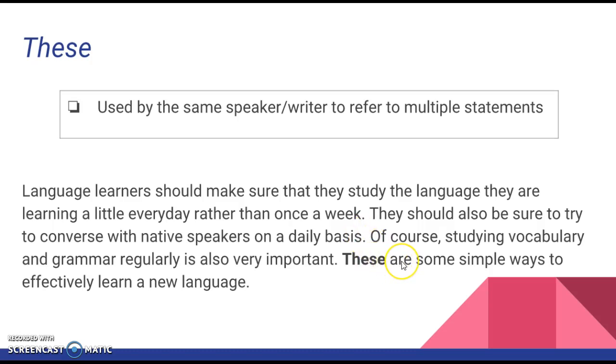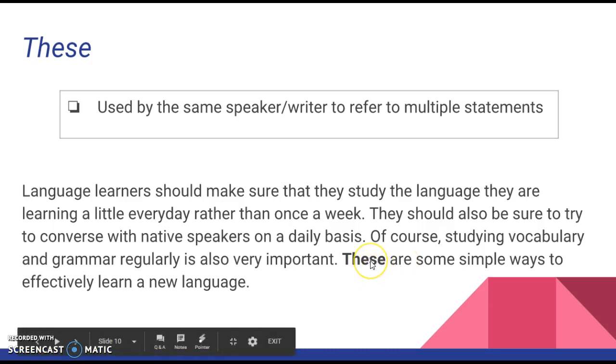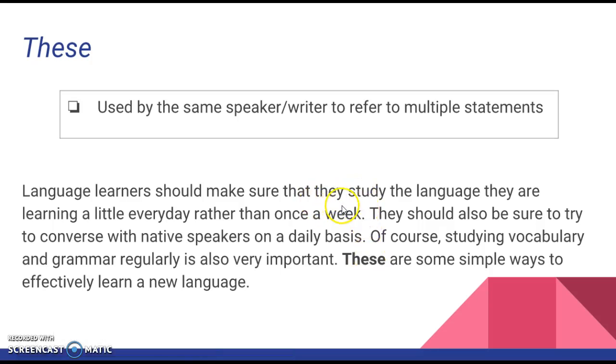These are some simple ways to effectively learn a new language. So these right here is referring back to the ideas that this person has presented for effective language learning: learning a little bit every day, studying every day, conversing with native speakers, and studying vocabulary and grammar. So 3 ideas here are represented by this word these. So in this case, these is a pronoun.